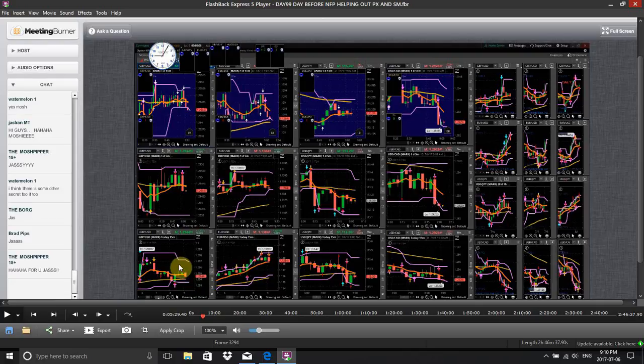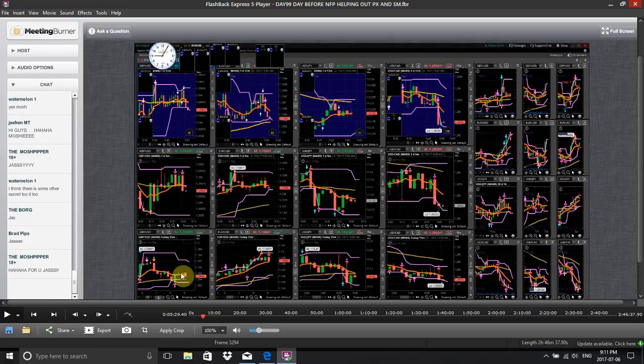My bias at this extreme moment is up on the GU. And over here, it tells me we have 10 more minutes left till the new 15-minute candle appears. Now why is my bias up?